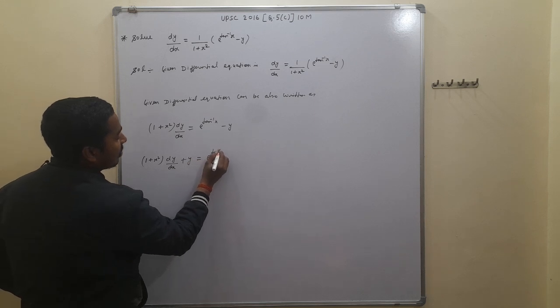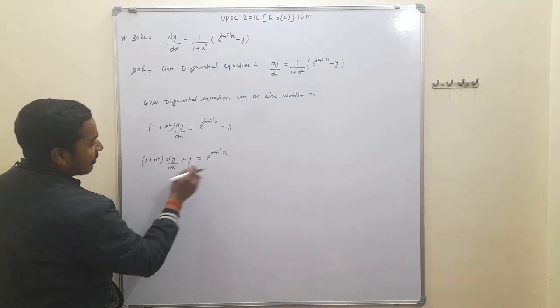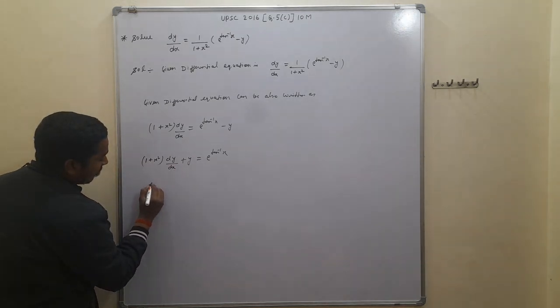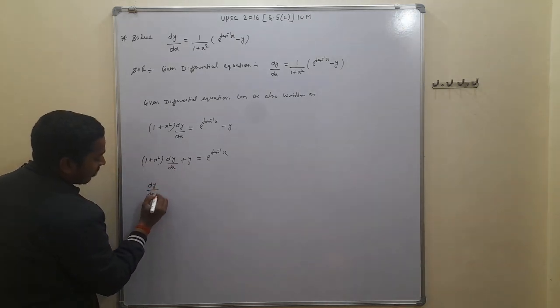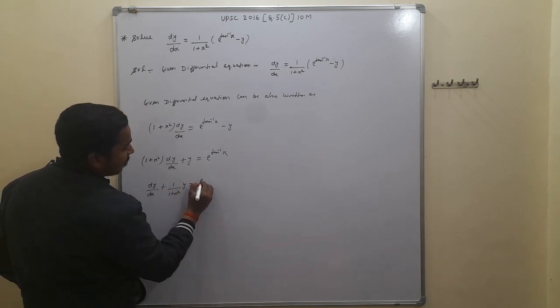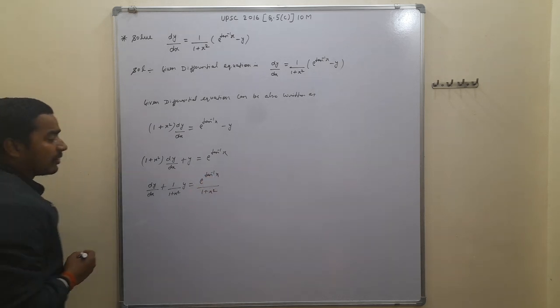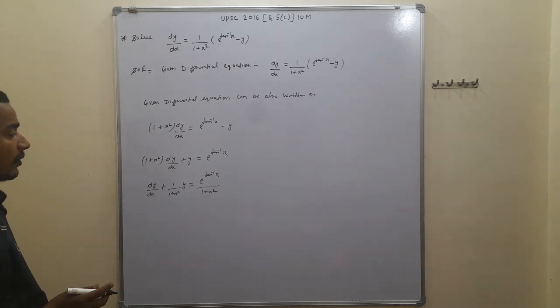We can also divide both the sides by 1 plus x square. This gives dy by dx plus 1 upon 1 plus x square into y is equal to e to the power of tan inverse x upon 1 plus x square. This is the form of linear differential equation.